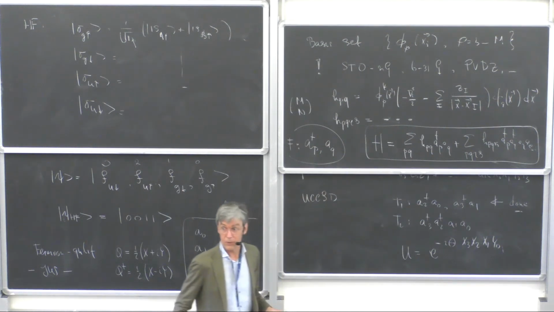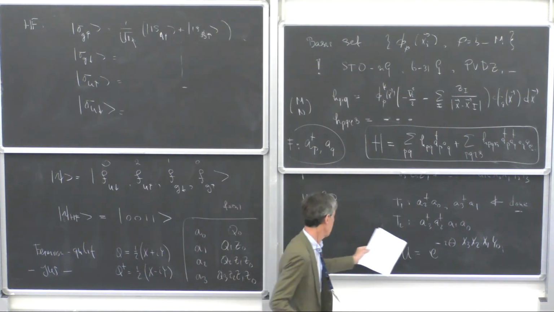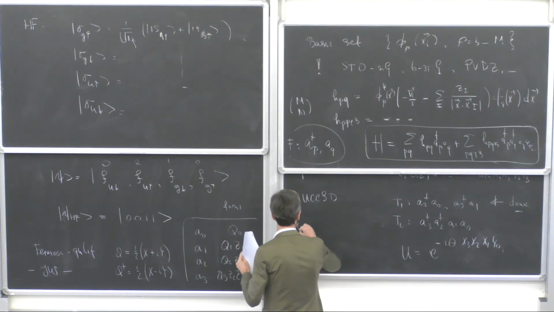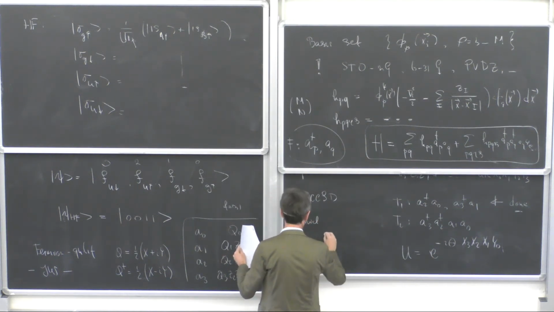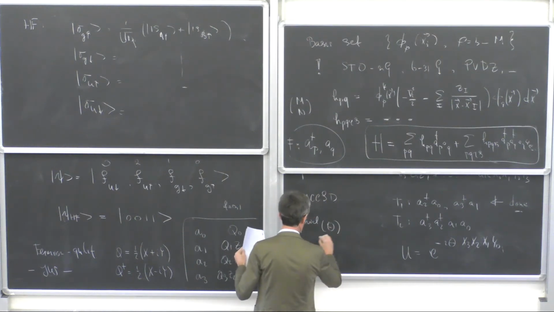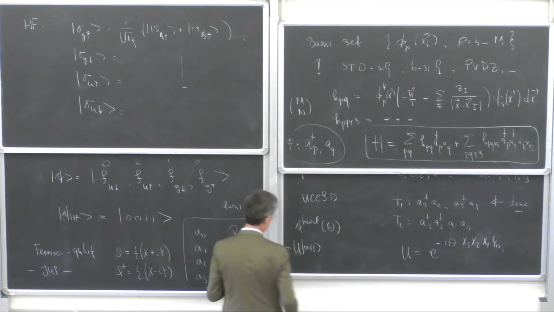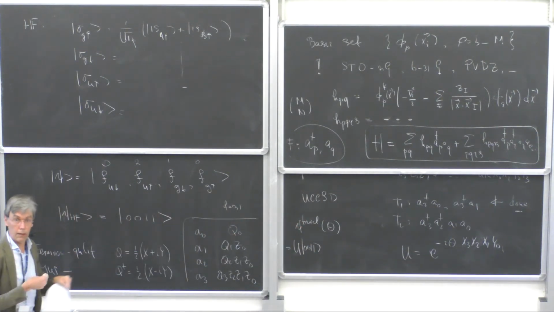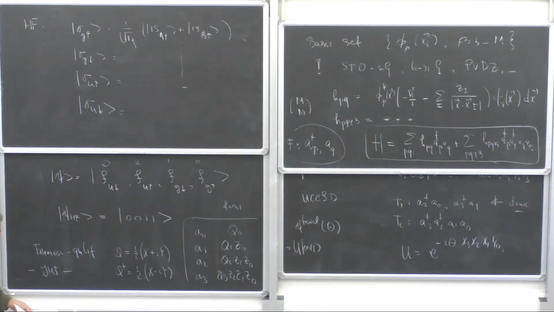So finally, this leads me to my trial state, if I implement this operator, which is the psi trial of angle theta. So that's my variational parameter. So it's the U of the 0011. So right, it's the coupled cluster expansion on top of Hartree-Fock. That's what we should do.